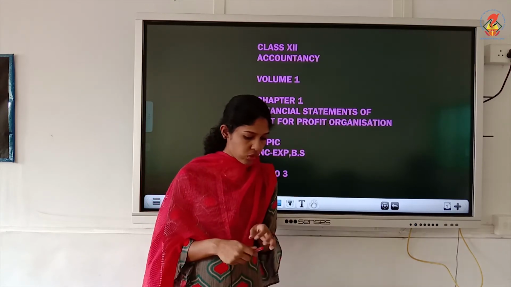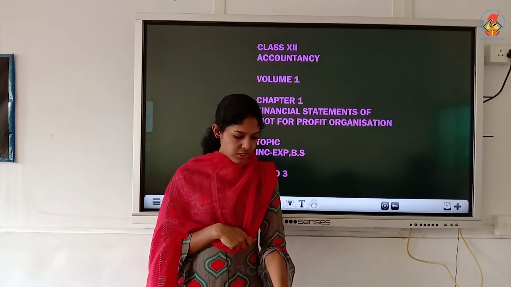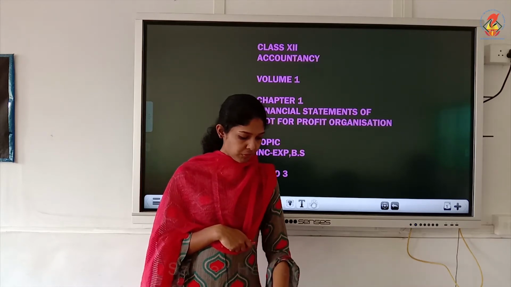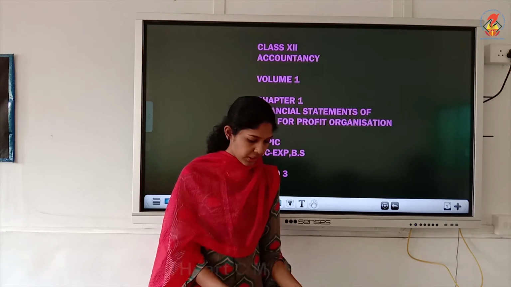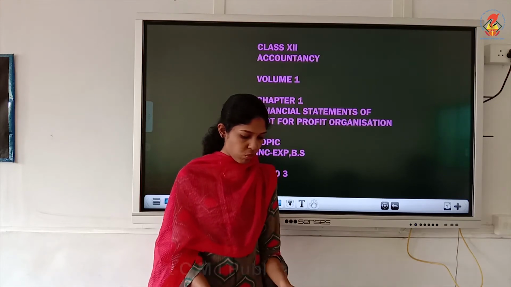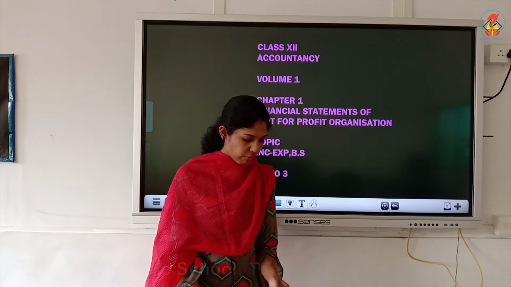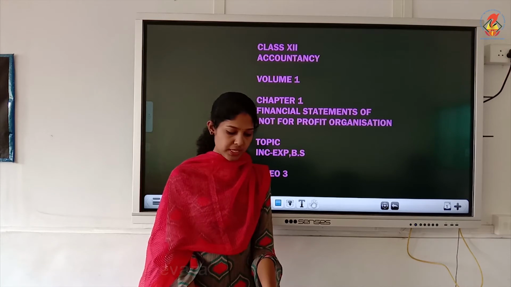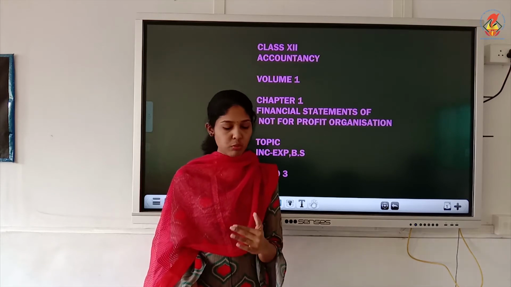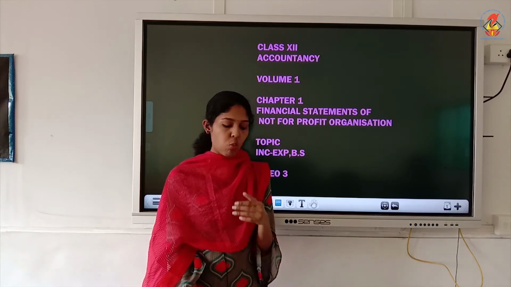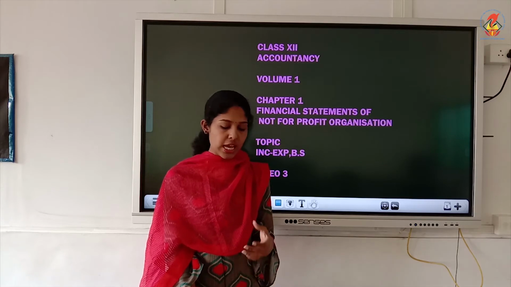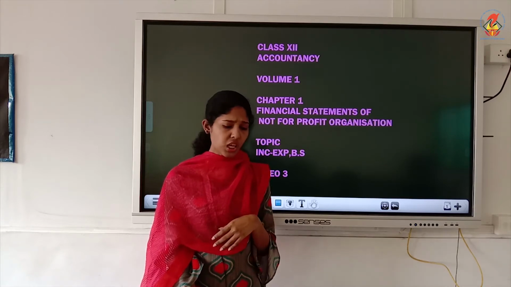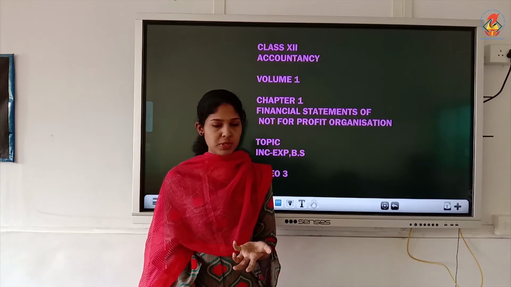Now we will work out illustration number 26, that is given on page number 1.38. The question is asking you to prepare income and expenditure account. That will be the usual question from this chapter. One receipts and payments account is given in your question, and we are asked to do income expenditure.